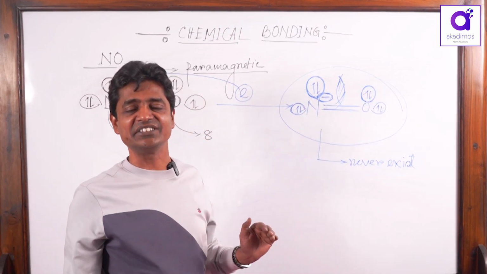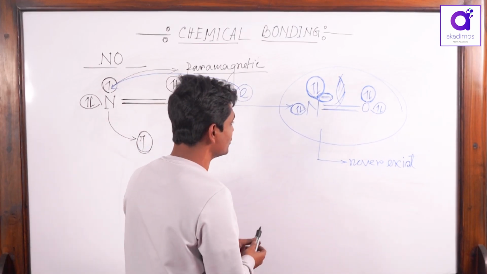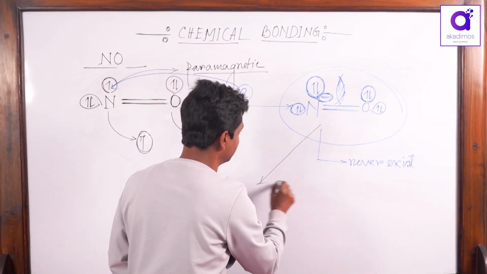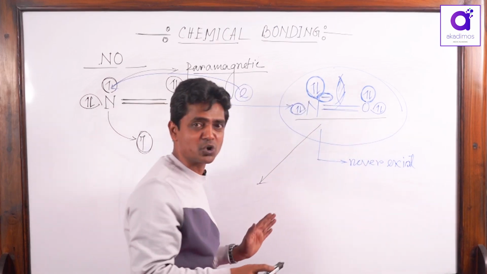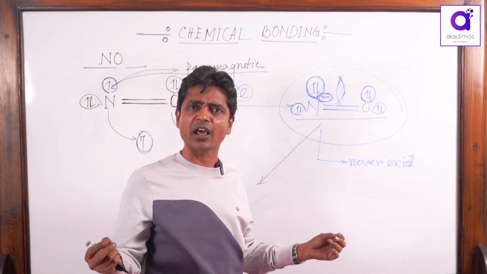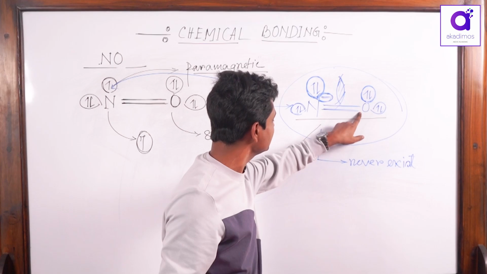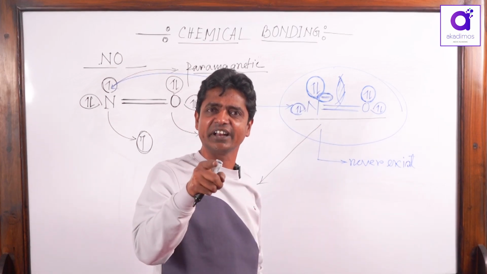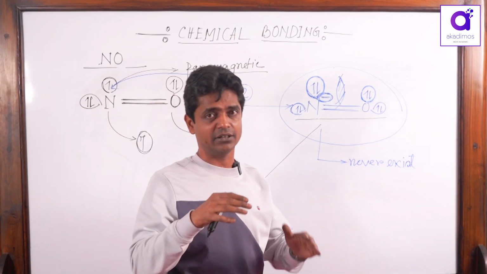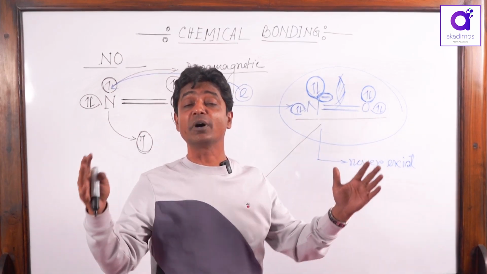Now, a question will arise. I'll take a simple analogy. See, from this structure, I'm going to draw another molecule. You know N minus, number of electrons around N minus 6, like oxygen. This is oxygen. That means N minus and oxygen are isoelectronic, number of electrons same, as well as isolobal, that means number of orbitals same.